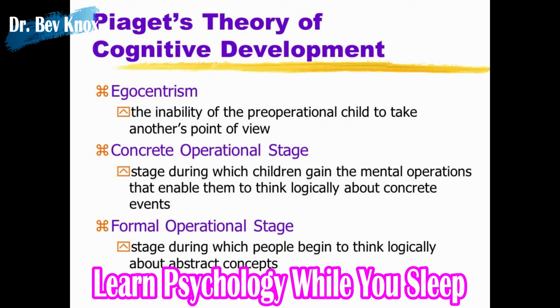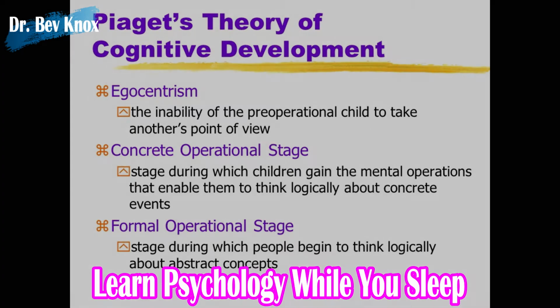Concrete operational thought occurs roughly from 7 to 11 years of age. During this stage, children can perform concrete operations, think logically about concrete objects, classify things, and reason about relationships among classes of things. Concrete thought is not as abstract as formal operational thought.